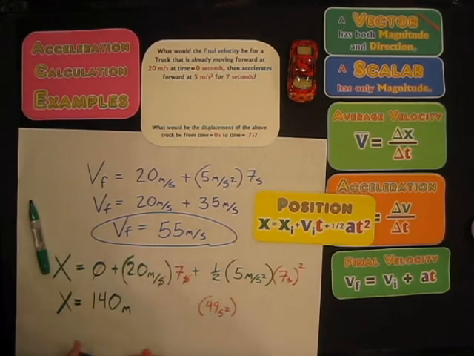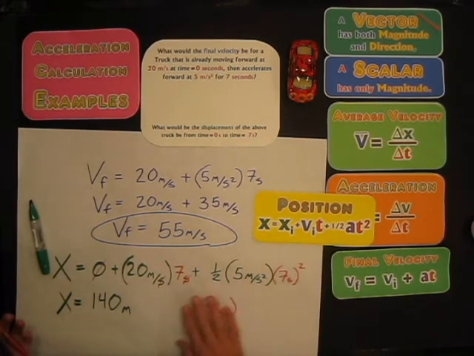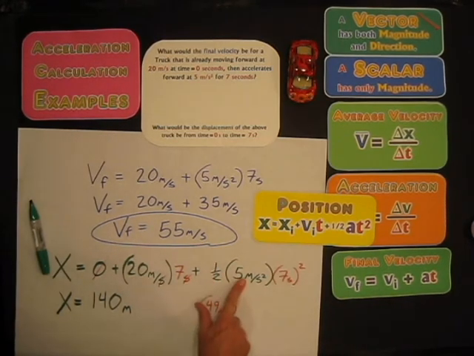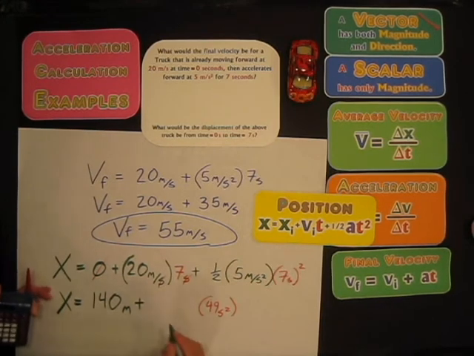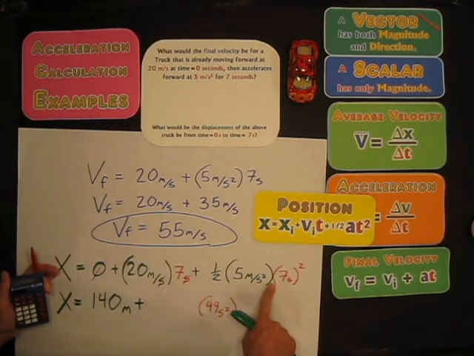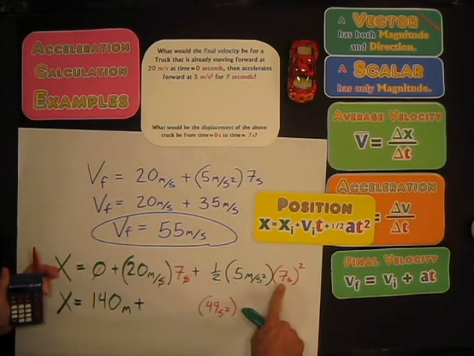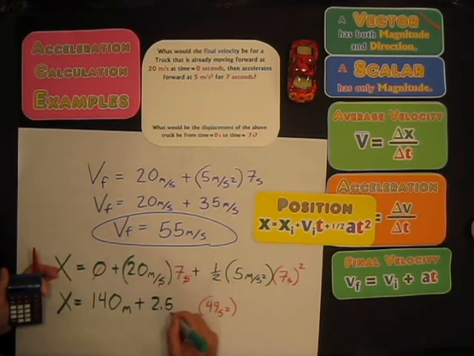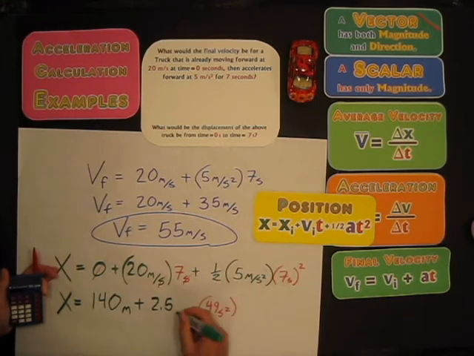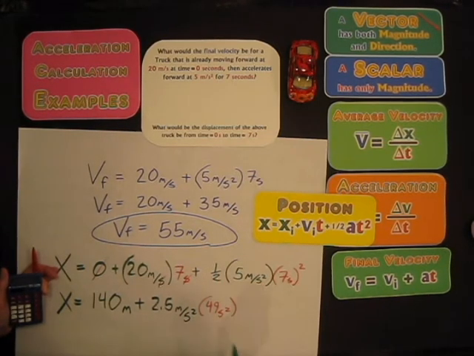And then since we did that separately, we might as well take this 1/2 times 5. You could do it at any point because of order of operations. It doesn't matter when you divide by 2, as long as you do divide by 2. So it'll be 2.5, and then that doesn't change the unit. Meters per second squared.